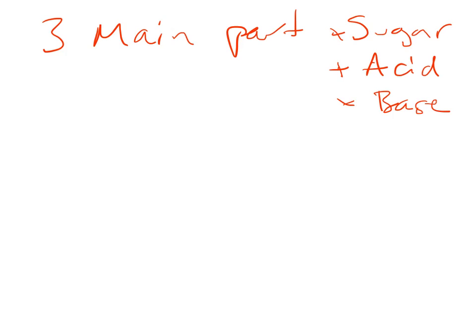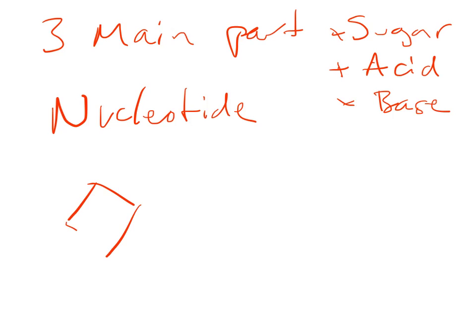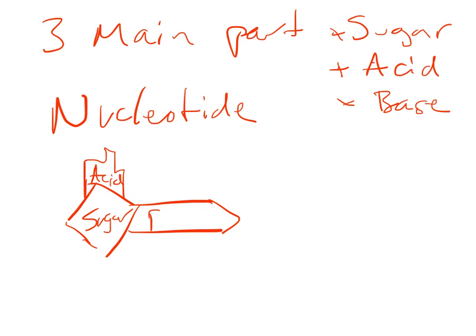And we know that DNA is made up of nucleotides, which are a sugar, acid, and base. And if we were to do a quick drawing again of that, we would have our sugar, we put an acid on top of that, forgive me, and then a base. And that is our nucleotide.